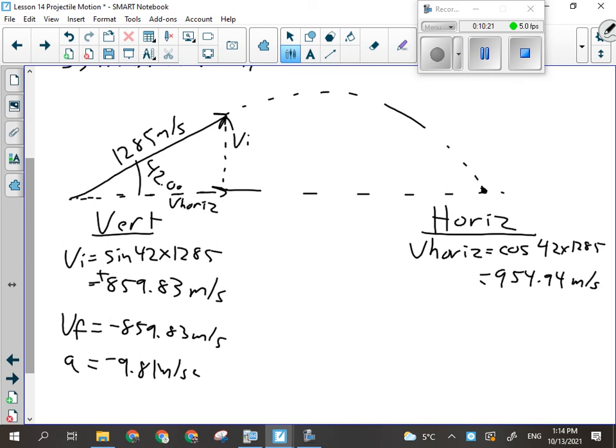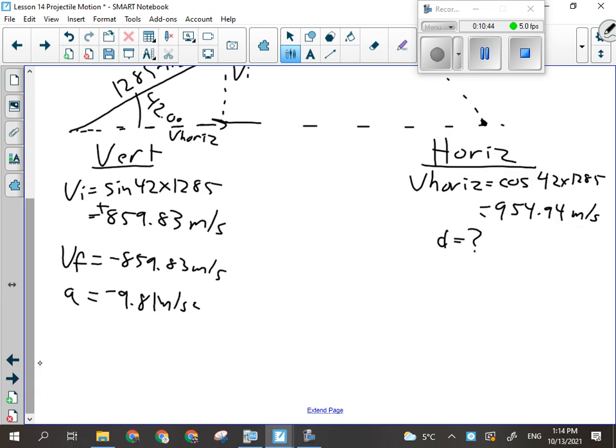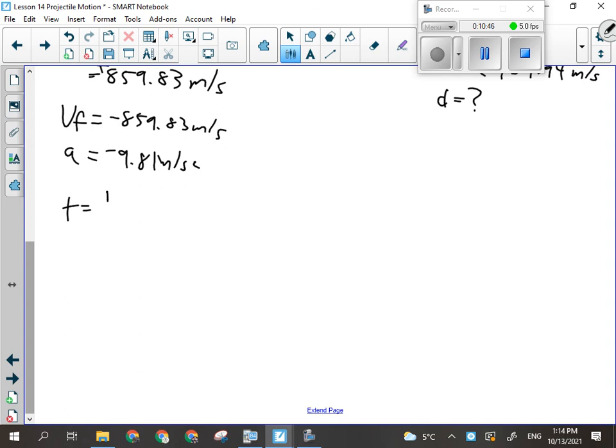All right, I'm trying right now to calculate the horizontal distance traveled. What don't I have? Time. Can I calculate that with my vertical information? Is this the same way we've done it basically every other time? Should you expect to do it this way tomorrow? Okay. So, to calculate the time, Vf minus Vi over a.